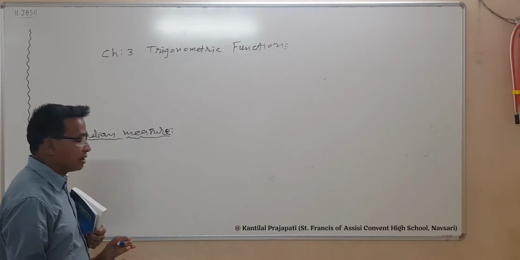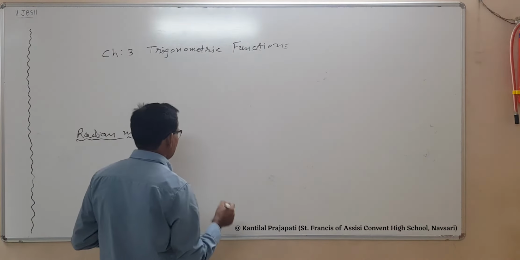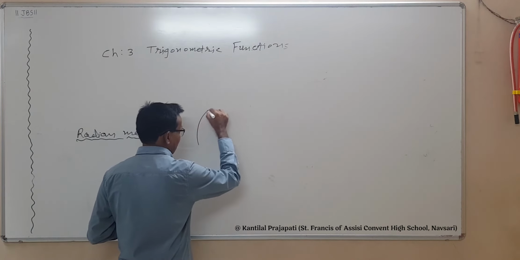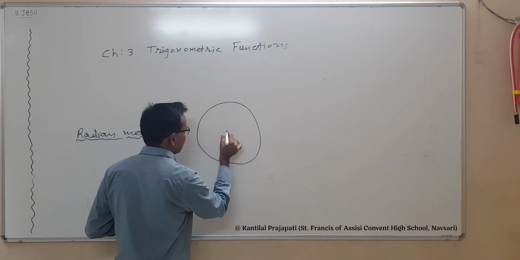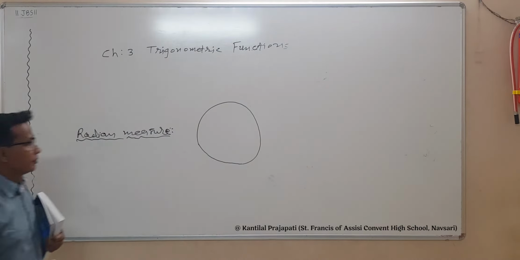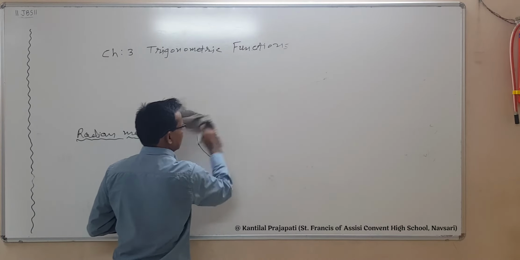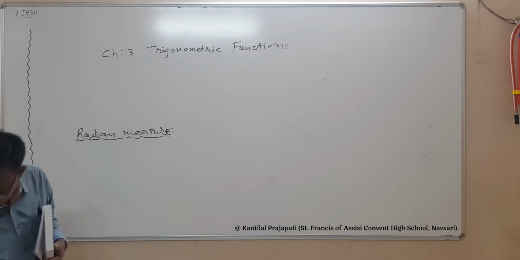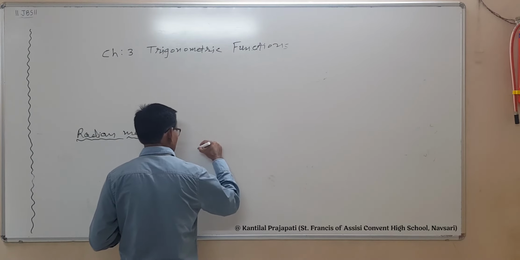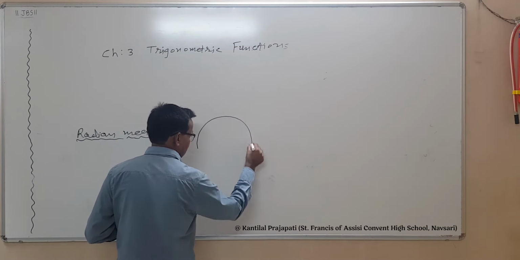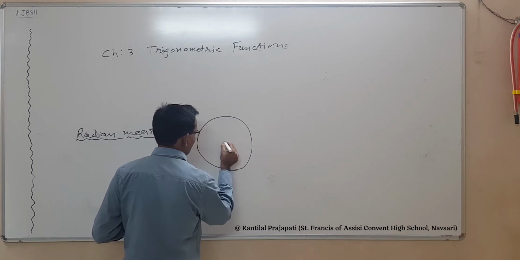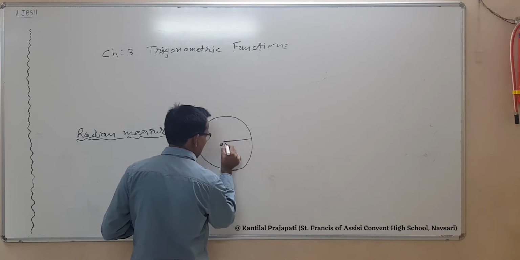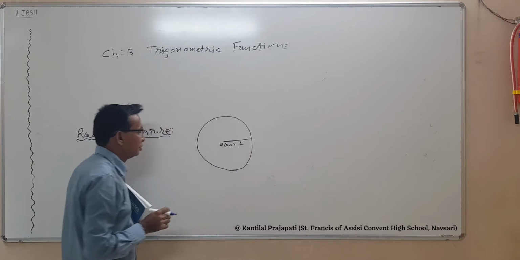We define the radian measure here, so we consider the unit circle. Unit circle means the center is the origin O and the radius is 1 unit.